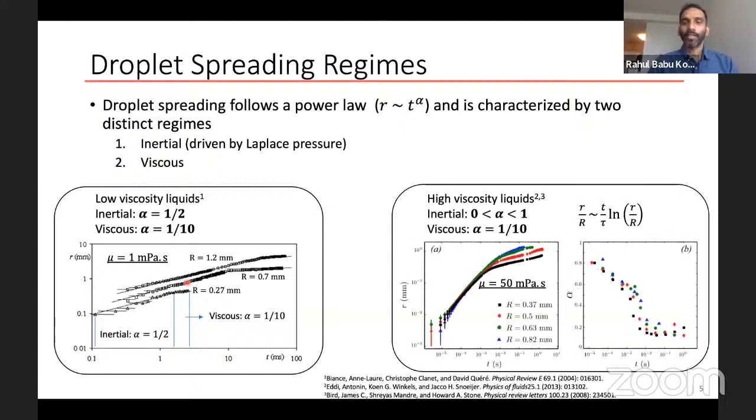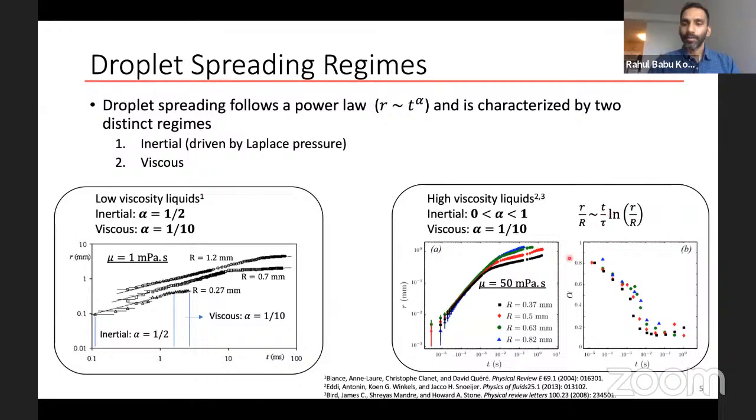On the same line, we have experimental evidence for high viscosity liquids. And here, the scaling laws are slightly different. It's not a pure power law anymore. This comes from theoretical considerations of Stokes flow. And we can see that it has a logarithmic correction along with a linear dependence on time.